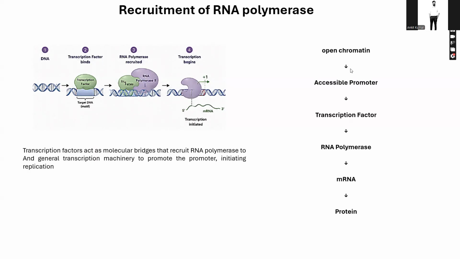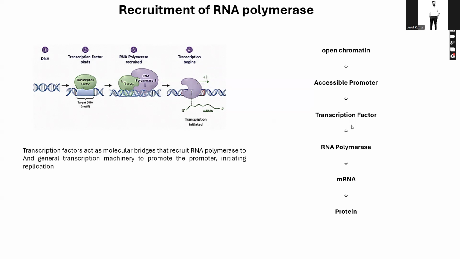If you see, these are the steps that happen during the process from DNA to protein, where chromatin gets opened. I've already described all of these things in my previous lecture. Once chromatin opens, the promoter is accessible, and binding of the transcription factor becomes easy.